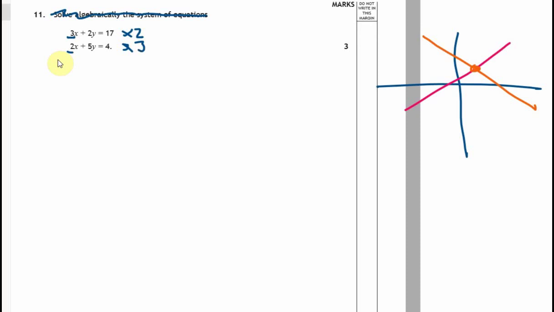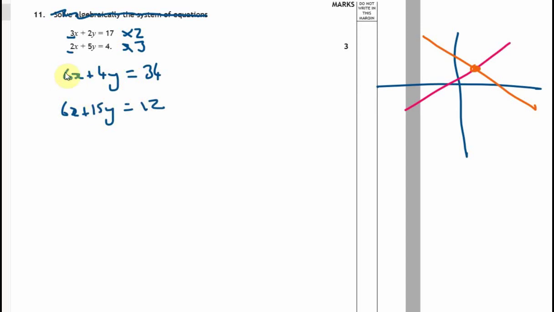By doing that, I would get 6x plus 4y is equal to 34, and 6x plus 15y is equal to 12. Now you can see, because I've multiplied by those two numbers, I've got 6x and 6x. I can now take this equation away from this equation or vice versa, and that'll cancel the x's out.